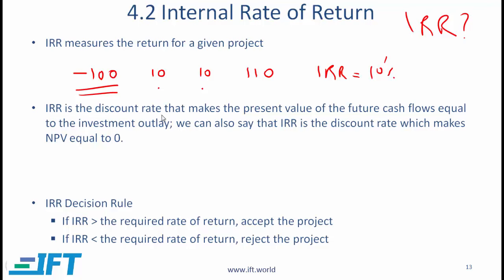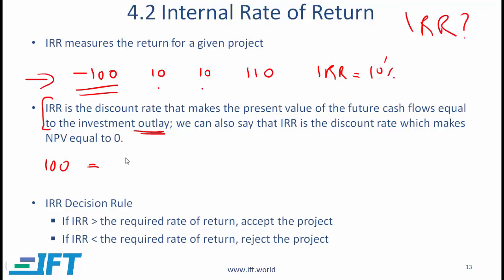IRR is the discount rate that makes the present value of the future cash flows equal to the investment outlay. Let us see how this statement works in the context of our example. What is the initial outlay? The initial outlay is 100. What is the present value of the future cash flows?